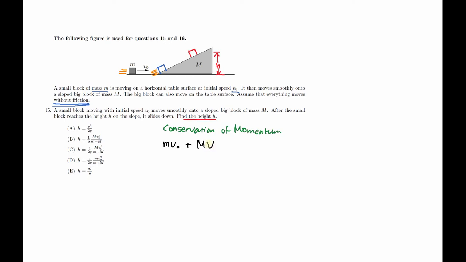This velocity pertains to the big block, but you will notice that it's zero because this block is not moving until it collides, and that equals m plus big M times V final, because they are now a combined mass and have the same velocity. So I can cancel out the term that's zero, and depending on what we need in our conservation of energy equation, we'll rearrange this.